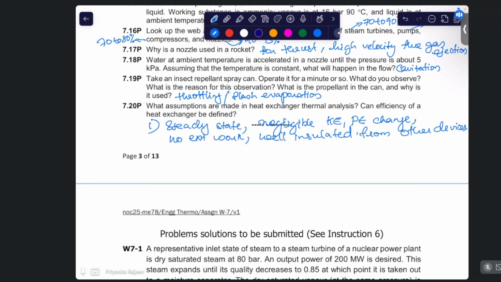One will be coolant, the other will be working fluid, and that heat exchange is there. Otherwise, it is insulated from other devices.